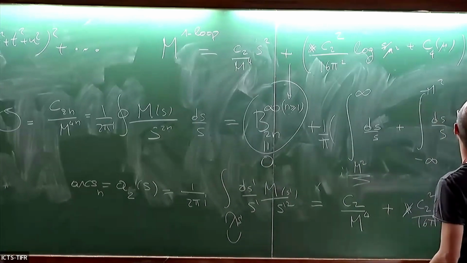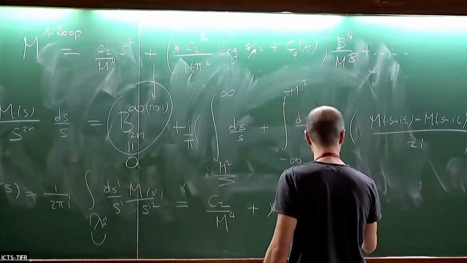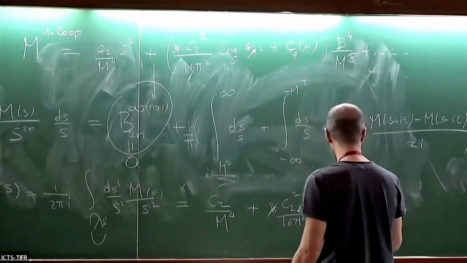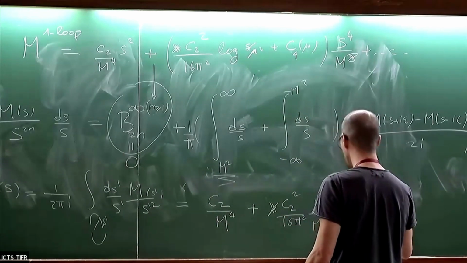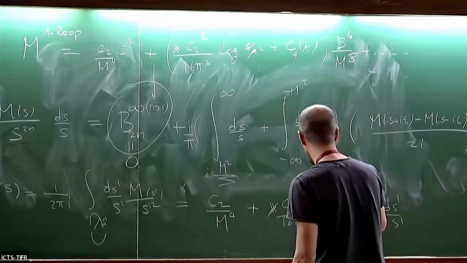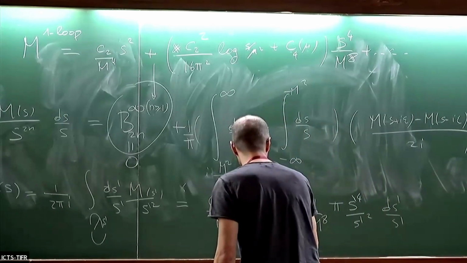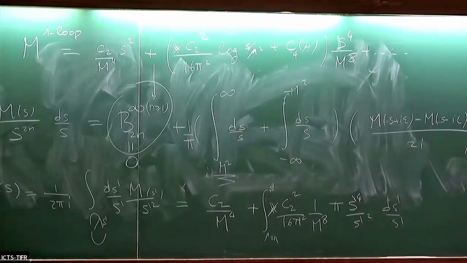Here is missing s to the fourth, nobody said anything. Then s to the fourth, then I'm dividing by s prime to the fourth, then divided by s prime squared, ds prime over s prime, integrated from some lower scale to s, the radius of the arc.